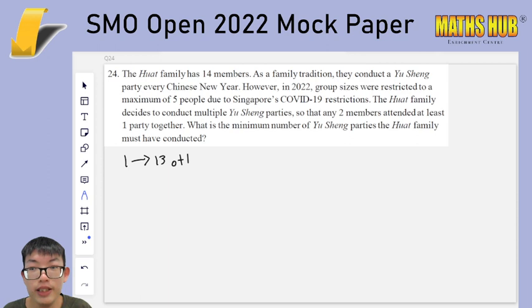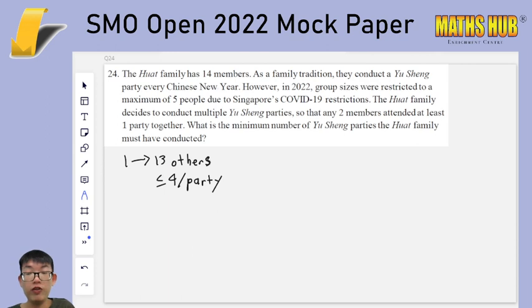Right, so one person has 13 others to have with, and you know that each party you can at most have 4 others. Of course, when I say at most 4 others, it is quite logical that you would want it to be exactly 5 people, but I mean at most 4 new people because you may have some overlaps in between. Either way, it means that each person needs to attend at least 4 parties.